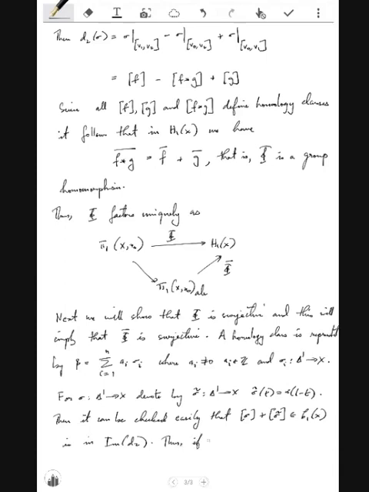Thus, if some of the AI is strictly less than 0, then we may replace sigma I by sigma I tilde and assume that beta is equal to the sum from I equal to 1 to n of AI sigma I, where all AI are positive.